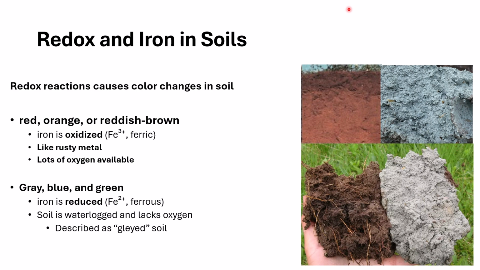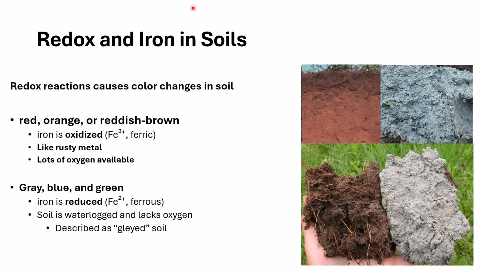So it causes dramatic color changes. When iron is oxidized, it gives a soil that red, orange, or reddish-brown color, okay, like you see on this side. You could think of bright red soils in Georgia. Those are oxidized soils, lots of oxygen available.